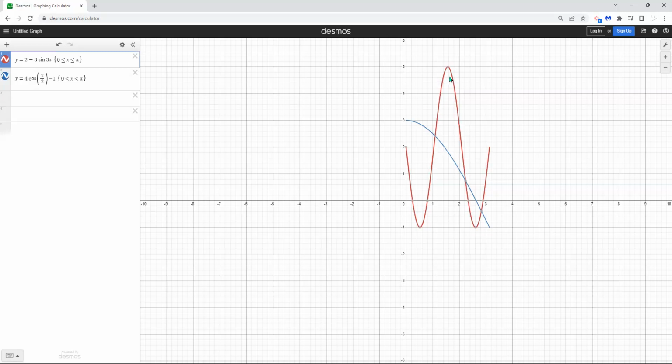Let me calculate again. Oh, did I copy wrongly? Oh, it's not -5. Let me think a bit. Oh, I might have miscalculated the least value of g of x. Let me see again.